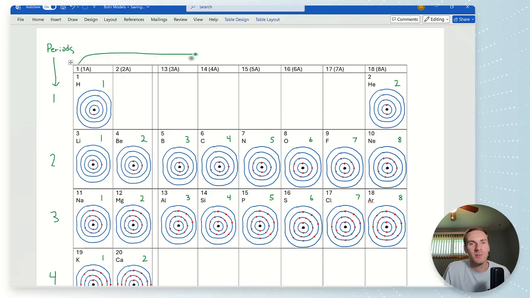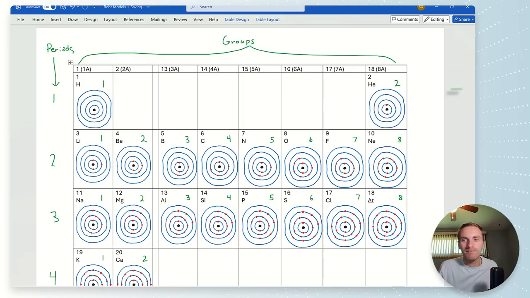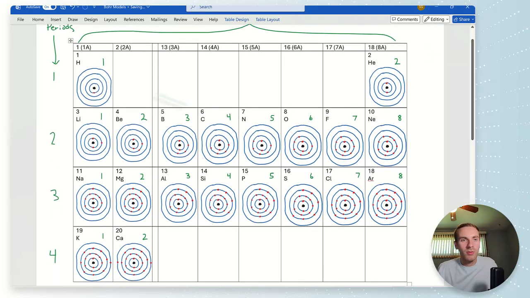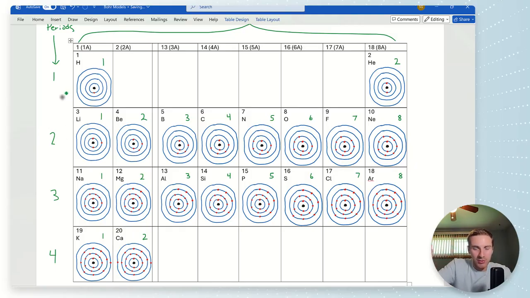And then these numbers for the columns are oftentimes called groups. So with the rows or the periods, each time we go down a row, we are adding another energy level. Another way of thinking about it is the row number or the period number tells you how many energy levels are in the atoms that are in that row.